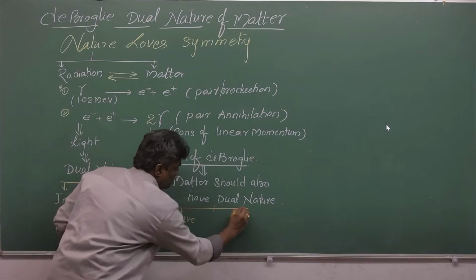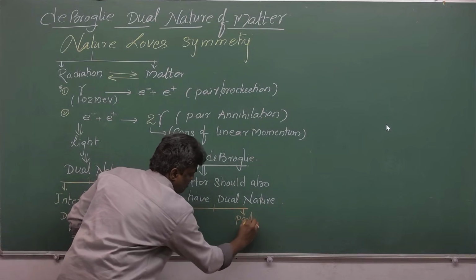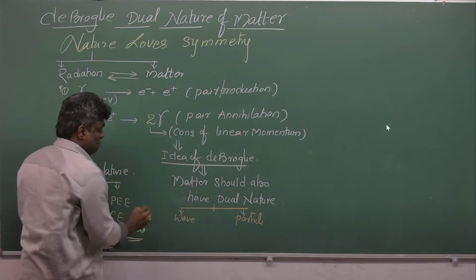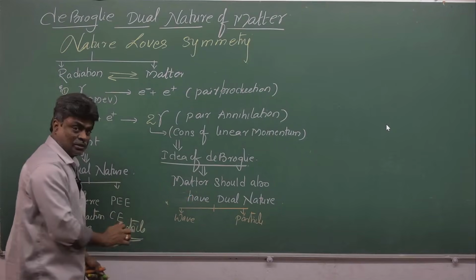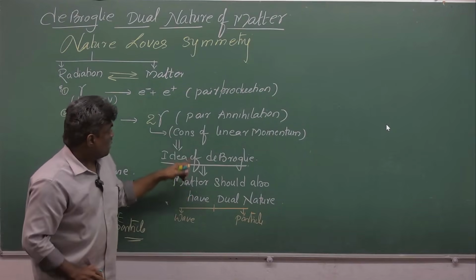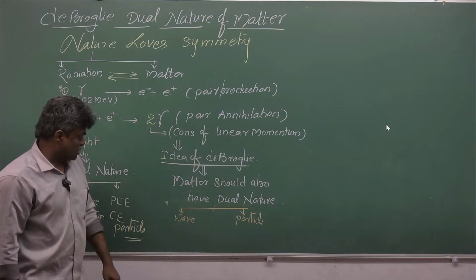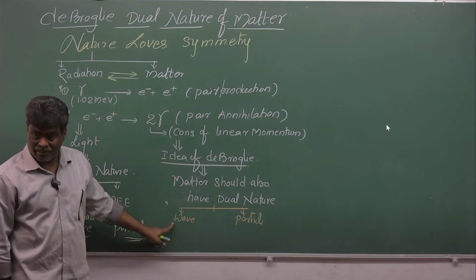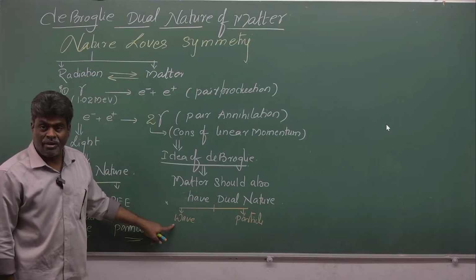That's good. So that is both particle nature as well as wave nature. This is your question. Whatever I say is a question, please put a star mark. So matter also has dual nature. Which experiment confirmed the wave nature of the particle?